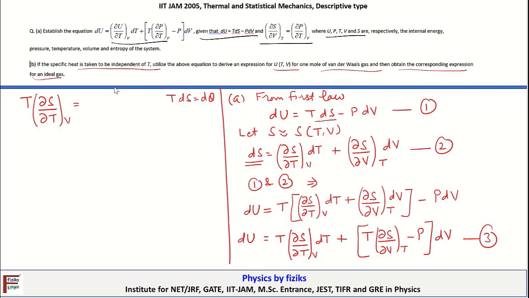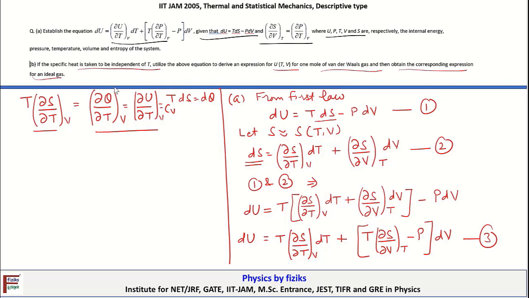So this can be rewritten as dQ by dT at constant volume, and this is in principle further equal to dU by dT at constant volume, and this is equal to Cv. Why this equivalence?